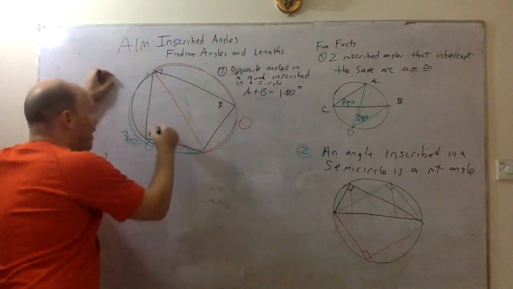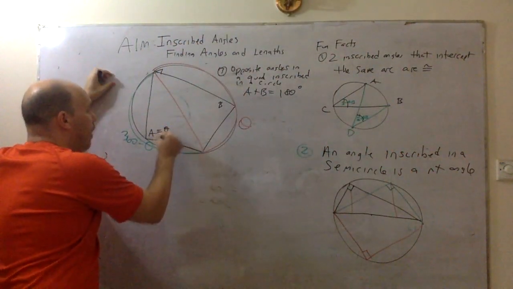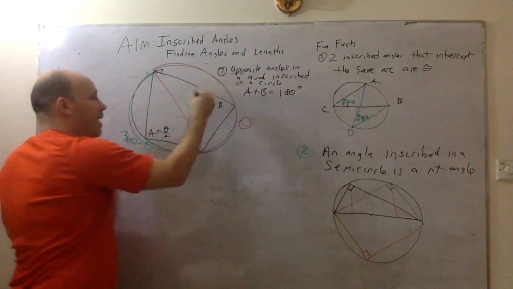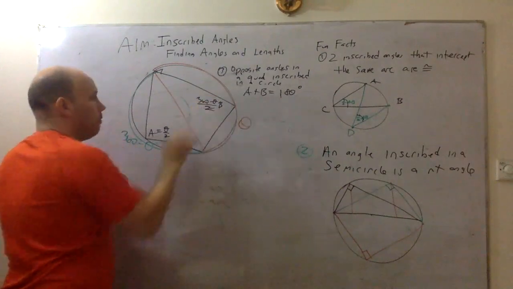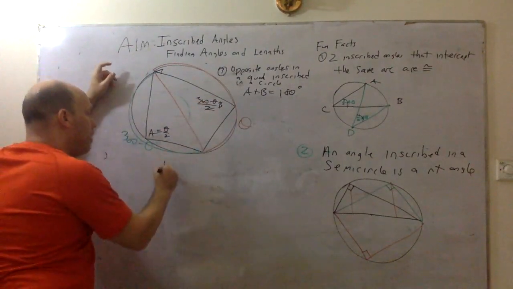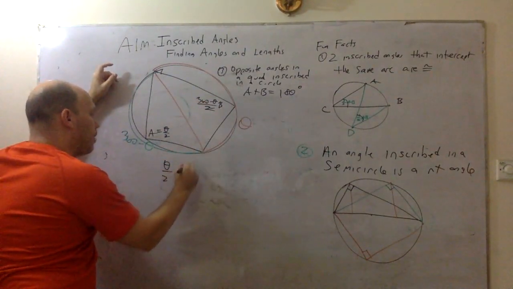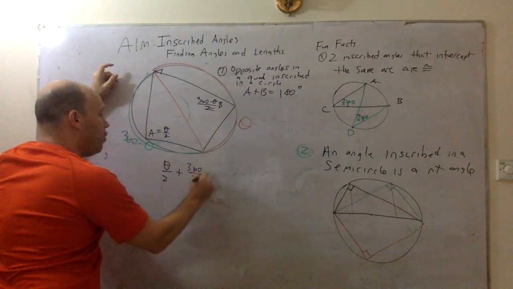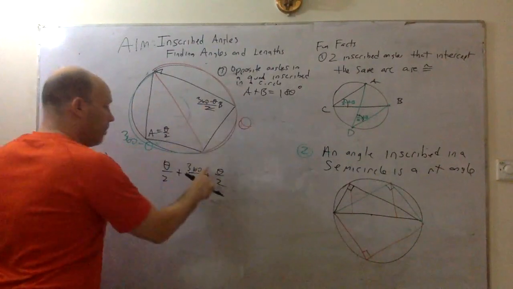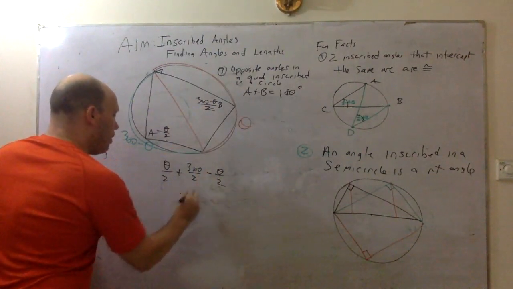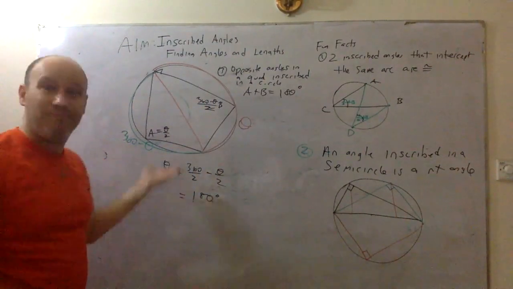We know that A is equal to 1/2 of theta, and we know that B is equal to 1/2 of the remaining part of the circle. Let's add these together. Theta over 2 plus 360 over 2 minus theta over 2, equals 180 degrees. There you go.